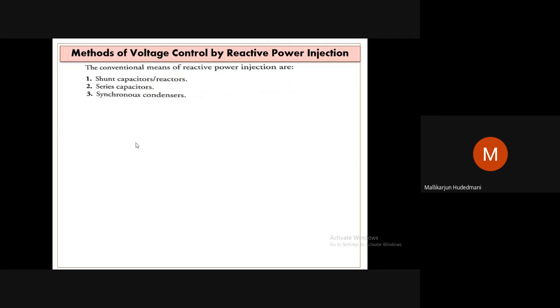Third, synchronous condenser, a synchronous machine working with no load on the shaft in various excitation modes. Under-excited and over-excited modes of operation make it possible to inject reactive power into the system and absorb reactive power from the system.